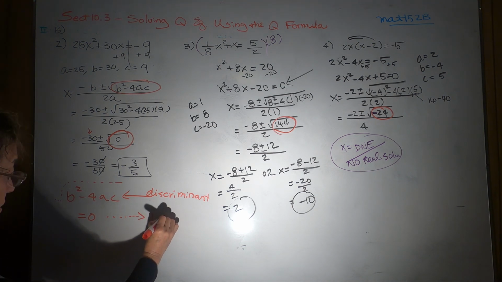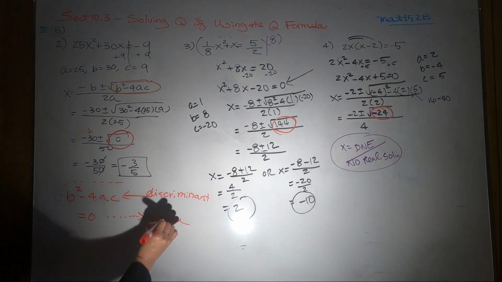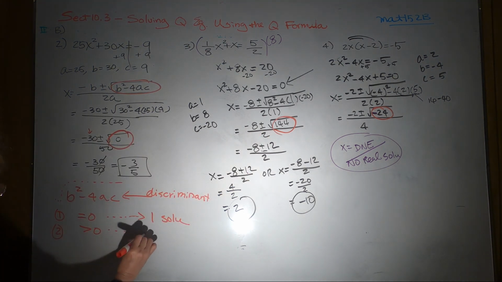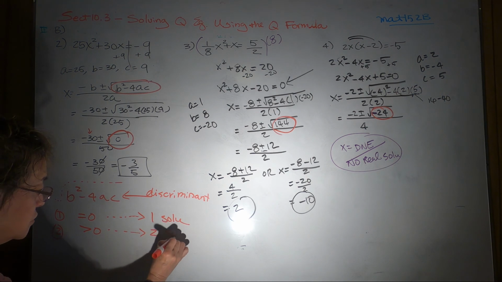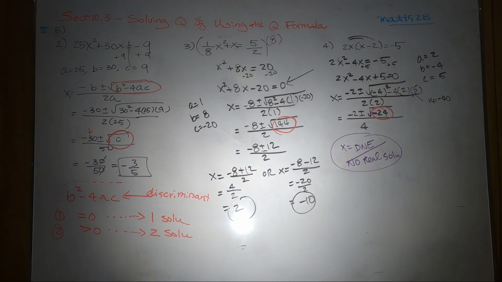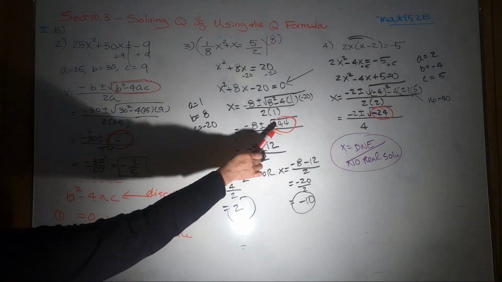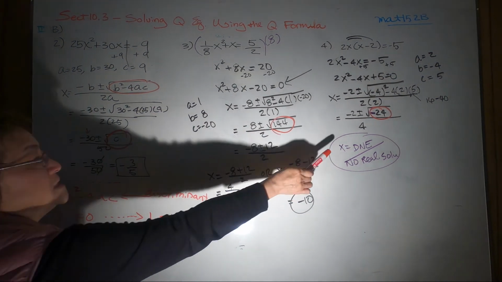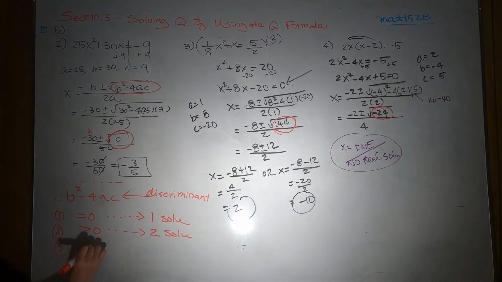We will have, if 0, one solution, right? If this guy is bigger than 0, what do we have? We have 2 real solutions, right? Then if this guy, b squared minus 4ac, is less than 0, what do we have?